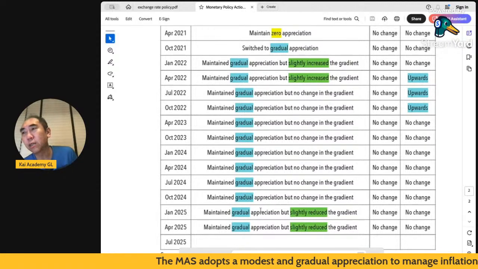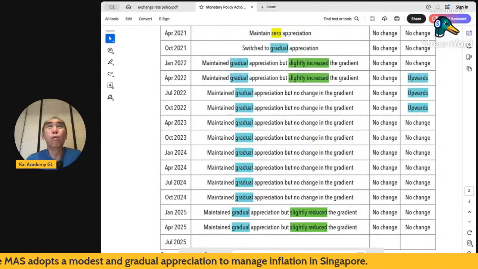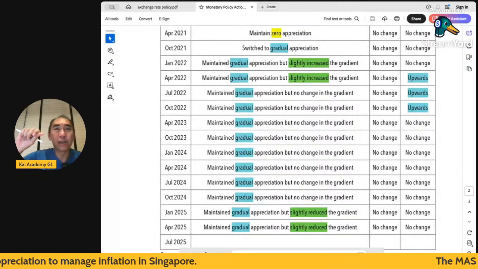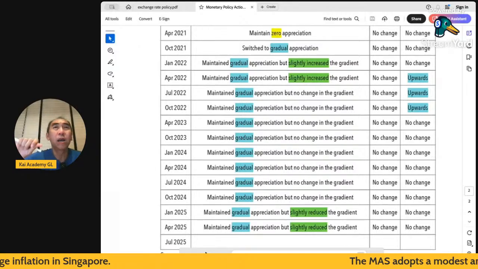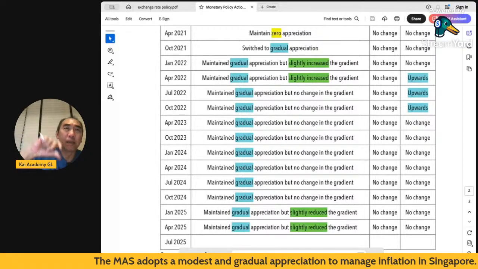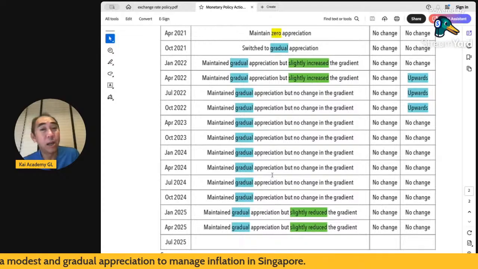So you can see from this table, right, the MAS actually uses only two modes for the exchange rate. We either flip it to a zero appreciation when there is no inflation or low inflation rather, or we flip it to a gradual appreciation when we're facing elevated inflation. The third mode, right, which is flip it to a depreciation. If you look at the last 25 years of MAS policy action, they've not done it, right?